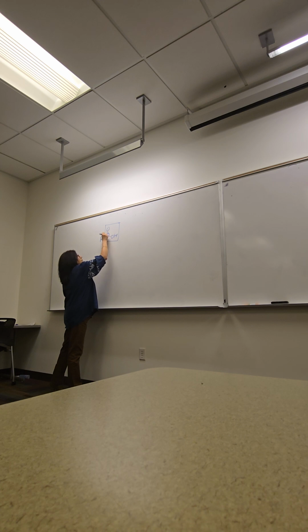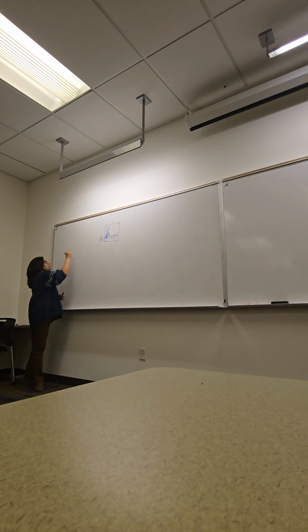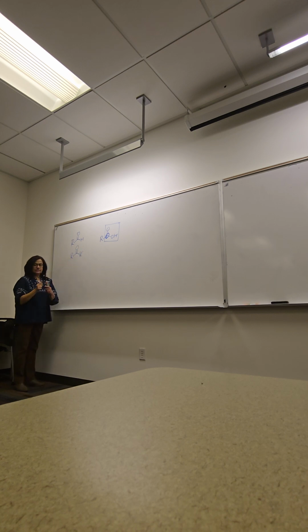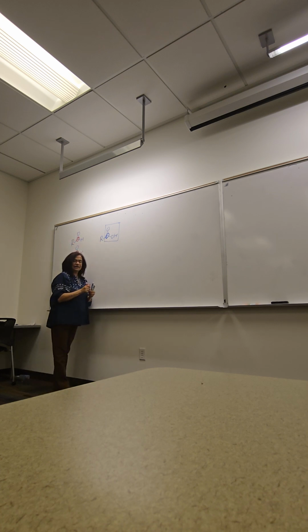This carbon is not a carbonyl carbon. By the way, please take a look at the C double bond O carbon in aldehydes or ketones, and tell me if you think these carbons are the same as that carbon.